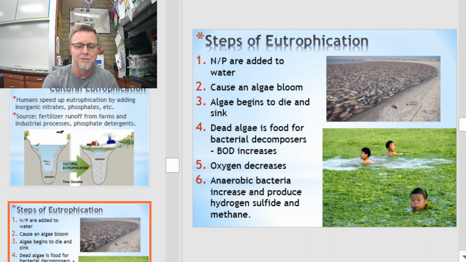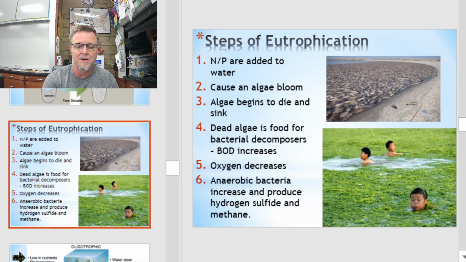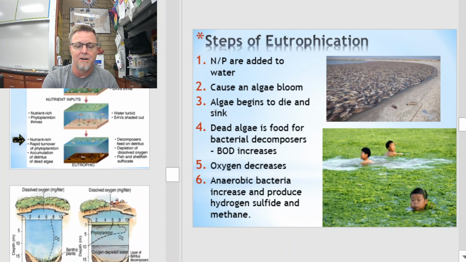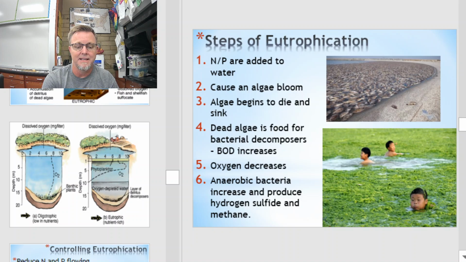This is another picture of the steps of eutrophication. So we have nitrogen or phosphorus added to the water. This causes an algal bloom. The algae begin to die and sink, and then the dead algae is food for bacterial decomposers, and our biological or biochemical oxygen demand increases.